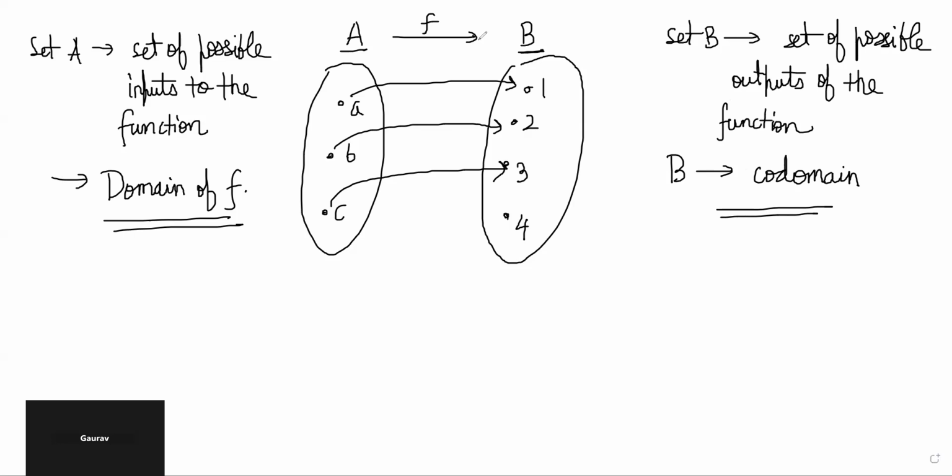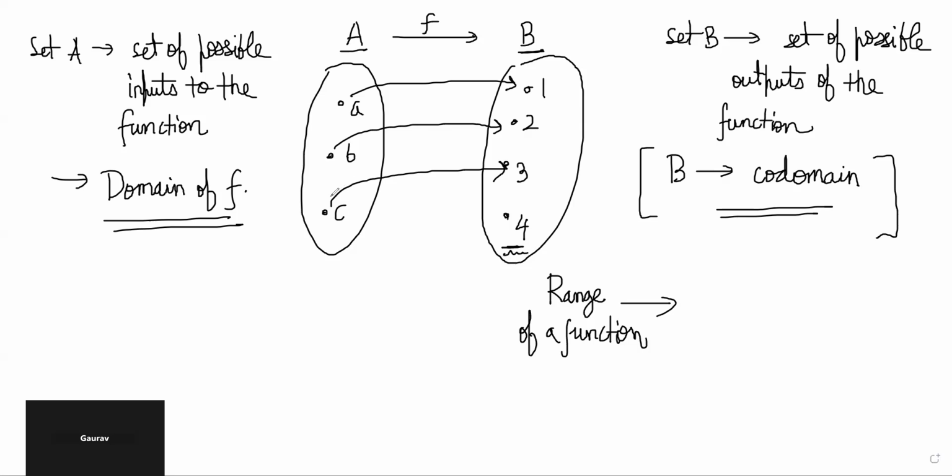But there is a difference between what is called codomain and what is called the range of a function. Notice here that it is possible to have a set B where some element was not connected to an element in set A. For example, this element is not being connected to anything.